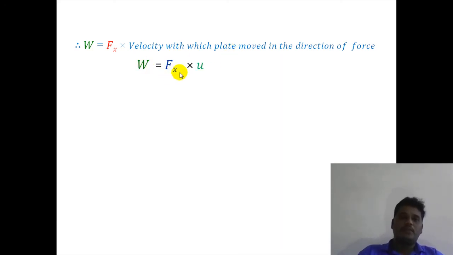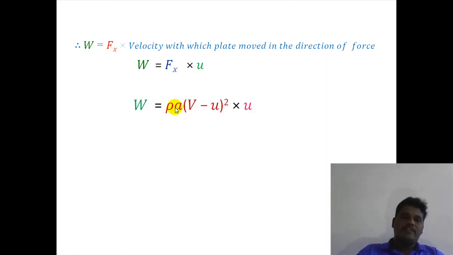W equals Fx multiplied with u, where u is the velocity of the plate. Work done per second is force into velocity.